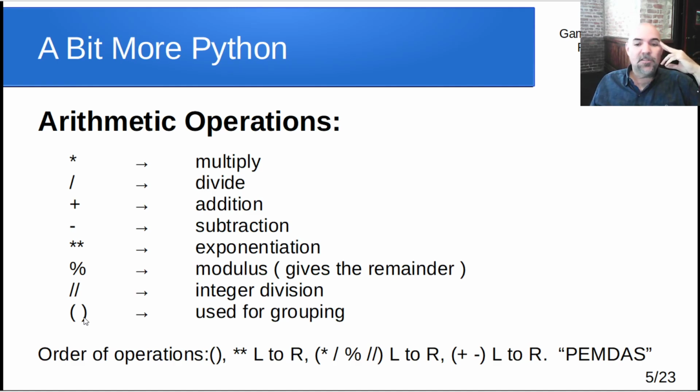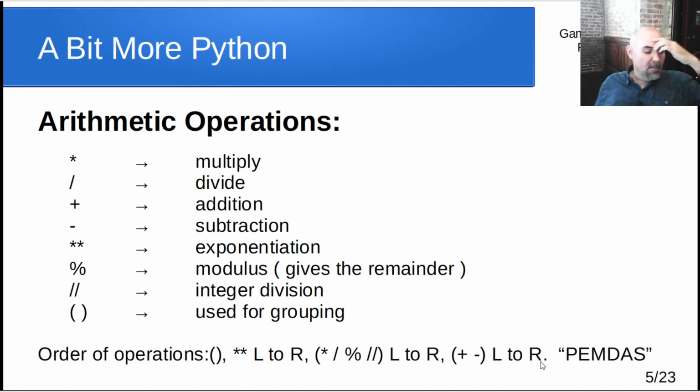Just as a reminder, it's the same as it is in algebra. What's in parentheses is always first, from the inside parentheses working their way outward, and then exponentiation from left to right, multiplication, division, mod, integer division from left to right, addition and subtraction from left to right.